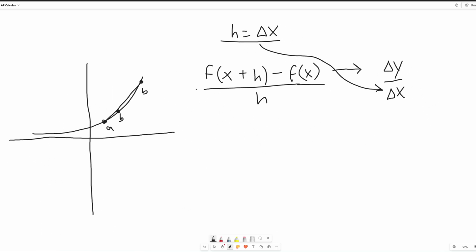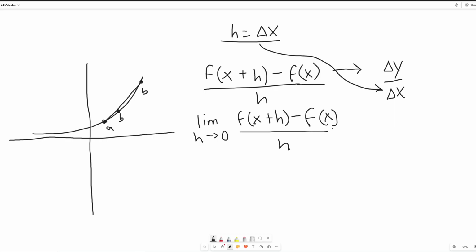So what we do with this is we put a limit onto it. Limit as h approaches 0 of f of x plus h minus f of x over h.